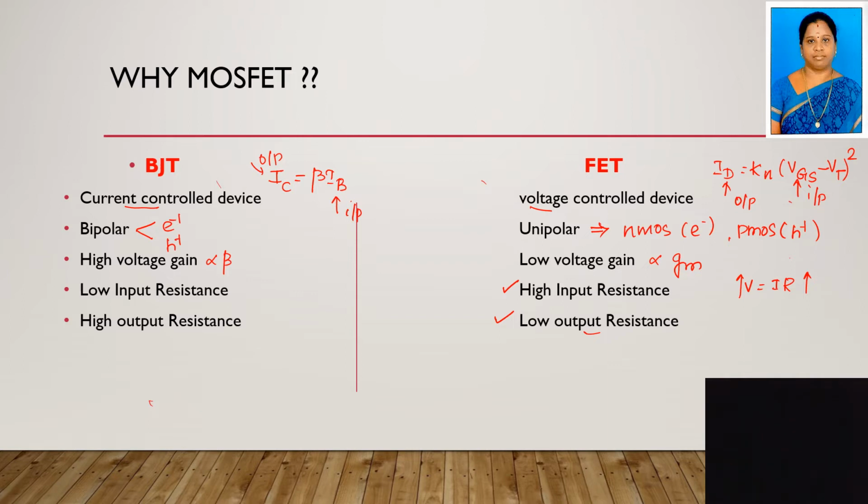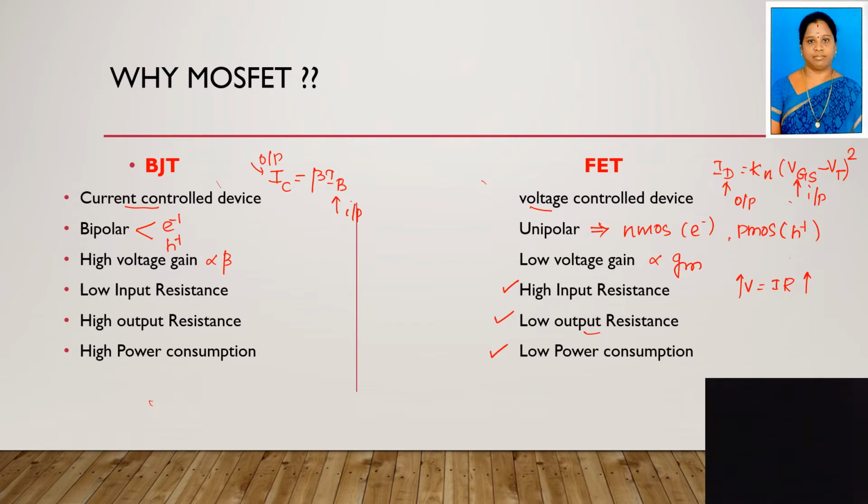The next thing is that BJT consumes more power when compared to MOSFET. So this is also a good character of MOSFET. That's why we are going for the MOSFET: high input resistance, low output resistance, and low power consumption. It requires very little power.